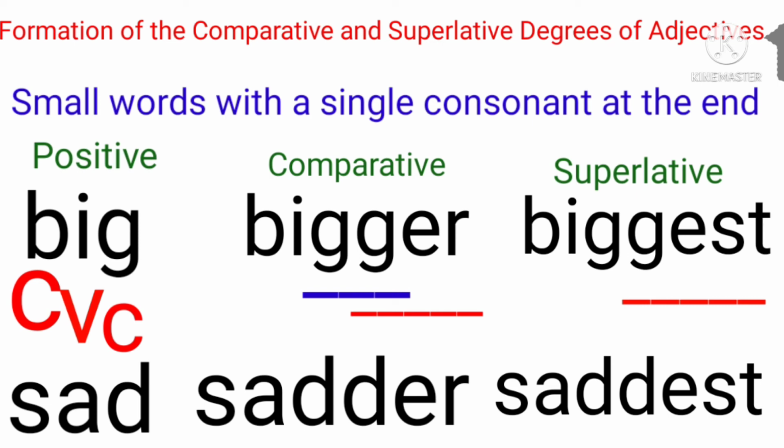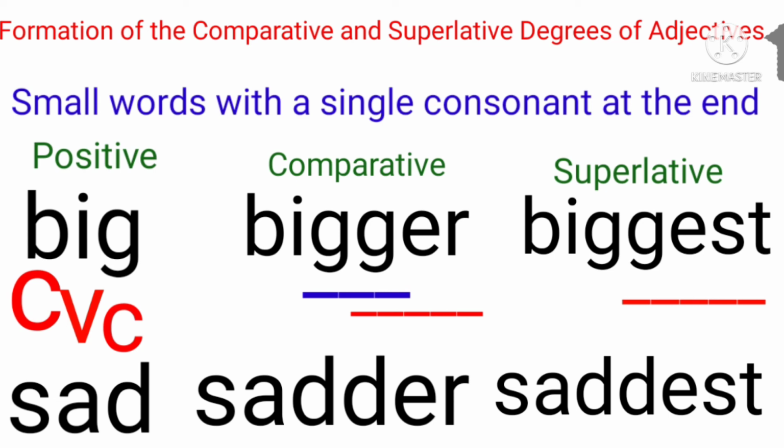The last letter, which is a consonant, will become double. It means it will come 2 times when you are comparing it. Okay, and then you add er with it. It is very important to understand such positive adjective words when you are doing comparison with another thing or another person. You have to understand this rule. Okay, is that adjective word following this pattern of consonant, vowel and consonant?